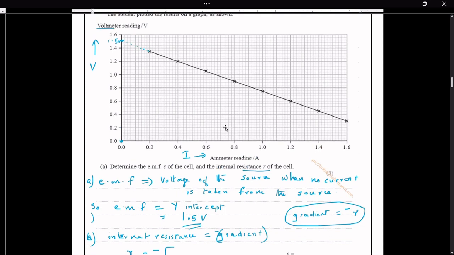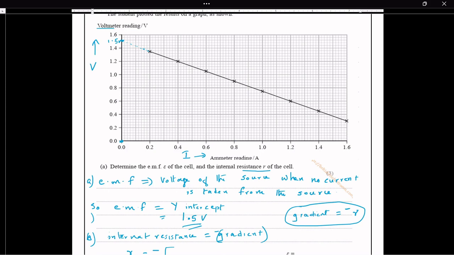The gradient here: you select two points in such a way that you can read their x and y coordinates properly.